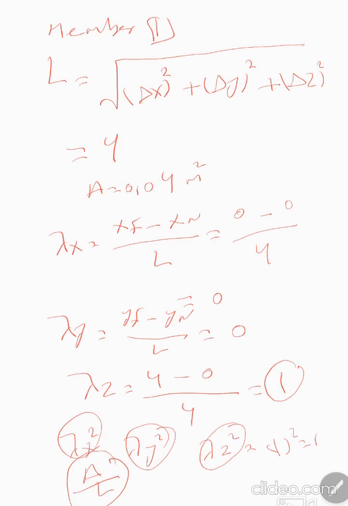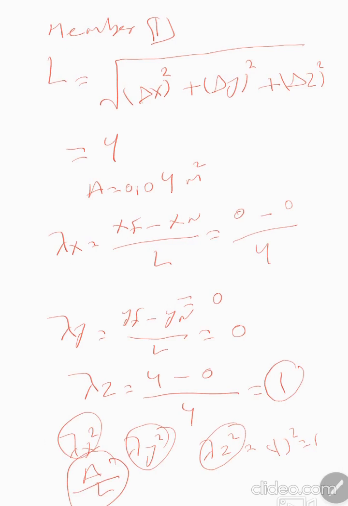It's up to you. I don't like to make it confusing. You can take A over L out as a common factor, or you can add it in the matrix. So let me show you. Lambda x square times A, the area, over L equals 0 because lambda x is 0 here.